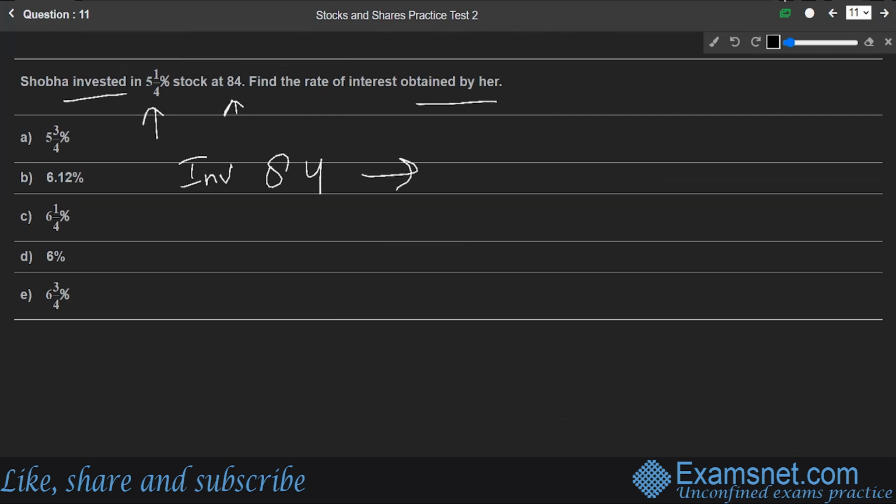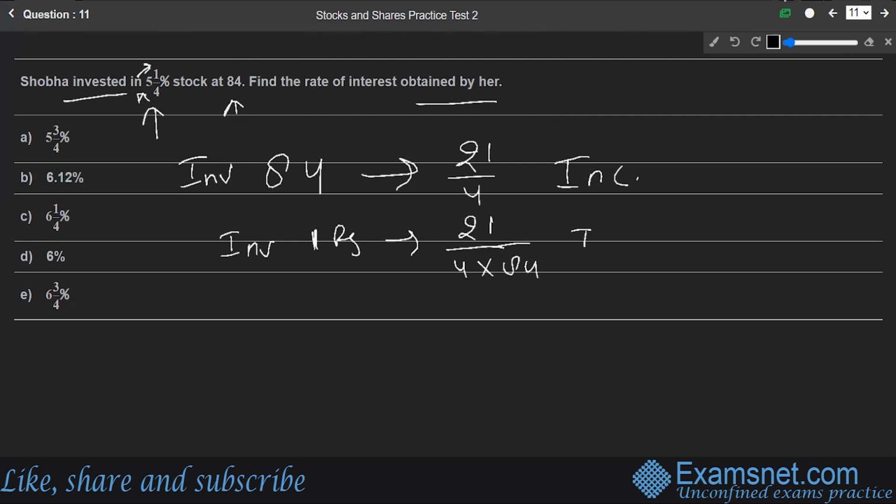Always the face value is 100. 5 1/4% in a simple fraction is 4 into 5 is 20, 20 plus 1 is 21. So an income of 21 by 4 rupees will be fetched from an investment of 84. If the investment is 1 rupee, the income will be 21 by 4 into 84.